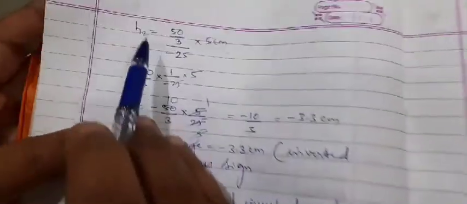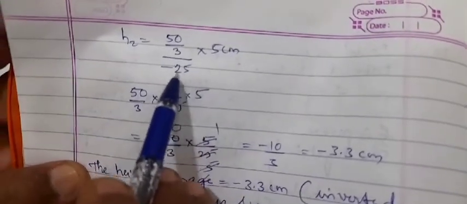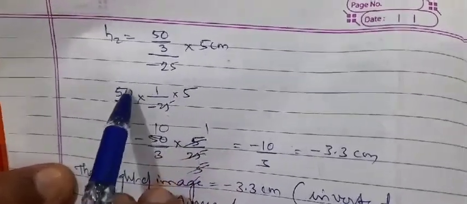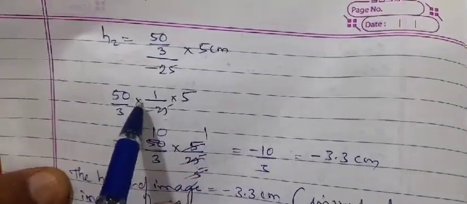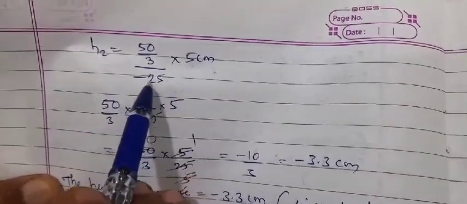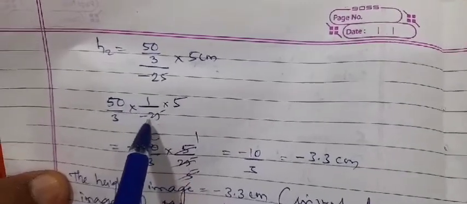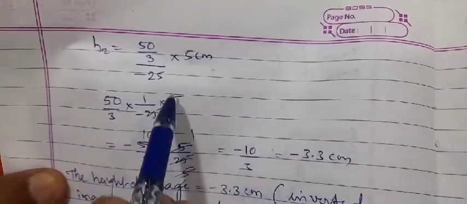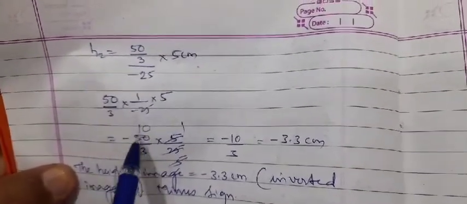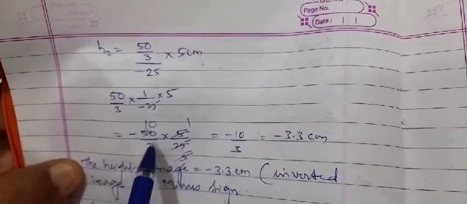So h2 is equal to 15 upon 3 upon minus 25 into 5 centimeter. So this can be written as 50 upon 3 into, now this will come in the denominator, we can write this as 1 upon minus 25 into 5. Okay. Now we simplify this. So it will become minus 50 upon 3 into 1 upon 25.